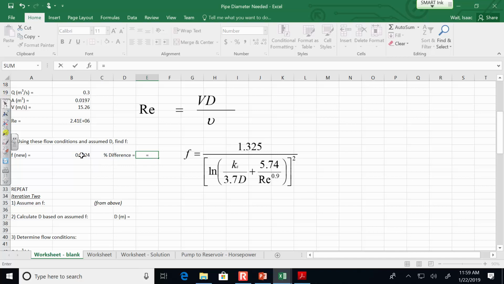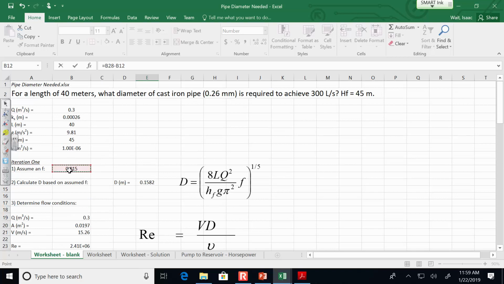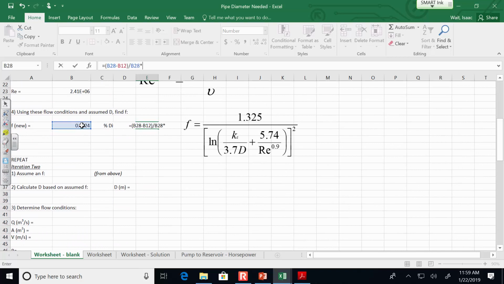If we compare the new f value minus the old f value, divided by the new, times 100, my percent change was 32%. I'd like it to be in the range of 1% difference, meaning that it's converged and it's not changing anymore. So for phase 2 of this iteration, my new f value would just be the guess from before.